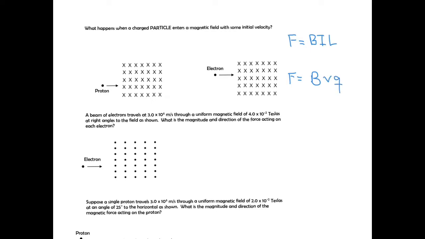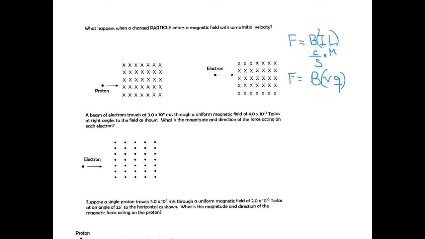Okay, and I just want to point something out here, that if we look at IL and we look at the units, I would be amps, but amps are just coulombs per second, and L is meters, so we'd have coulomb meters per second.